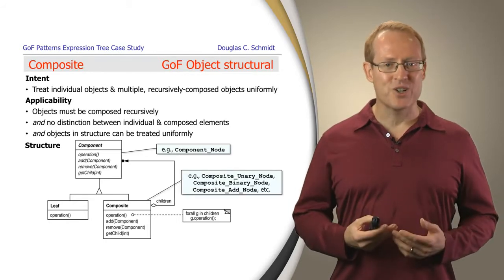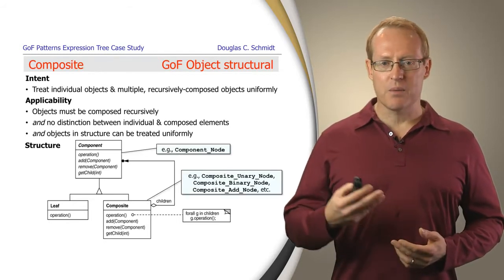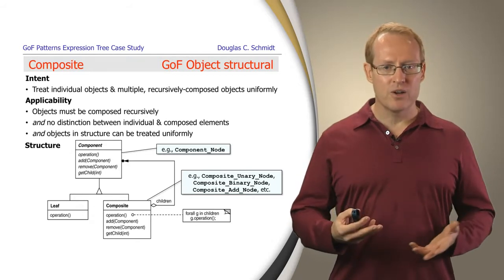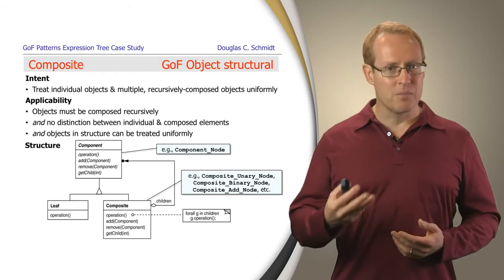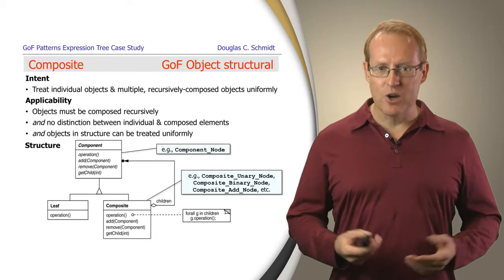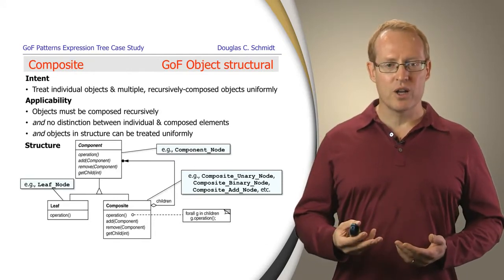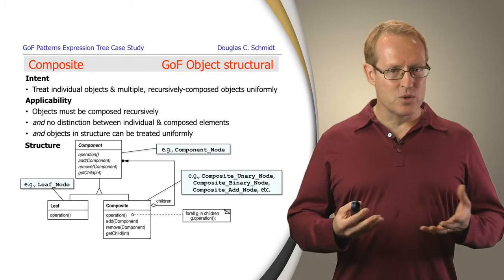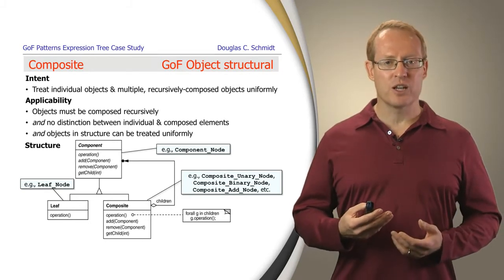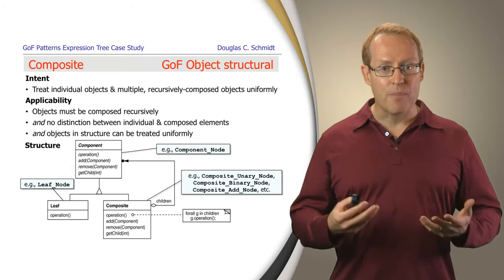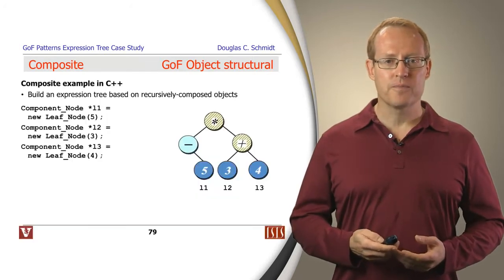That's the recursive nature. In our example, this would be things like component unary node, component binary node, composite unary node, composite binary node, composite add node, and so on. And then we also have a leaf node, which inherits from component node, and which is used to provide the leaf elements in our particular example. These would be the numbers or the operands in an expression tree.